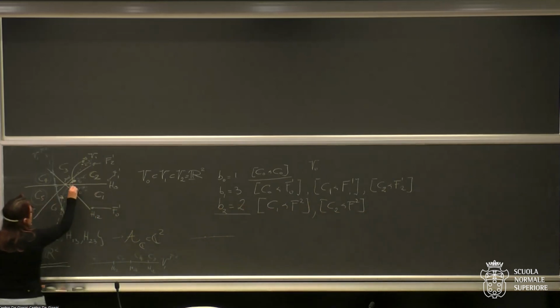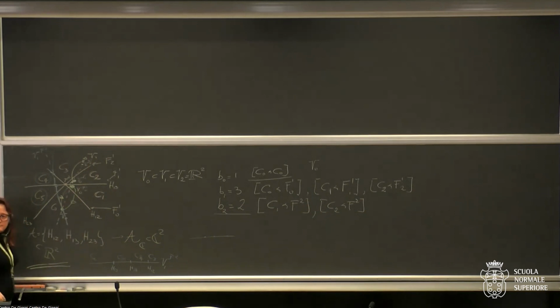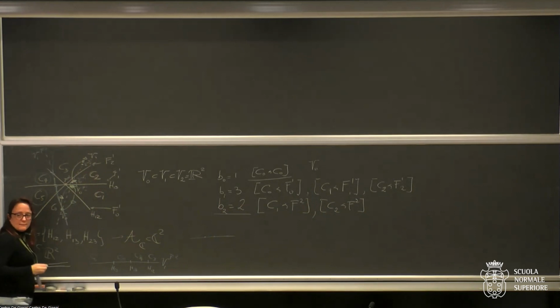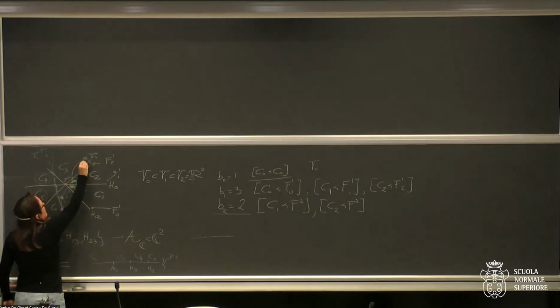This point is collapsed along this, this point is collapsed along this, and this here is collapsed along this.